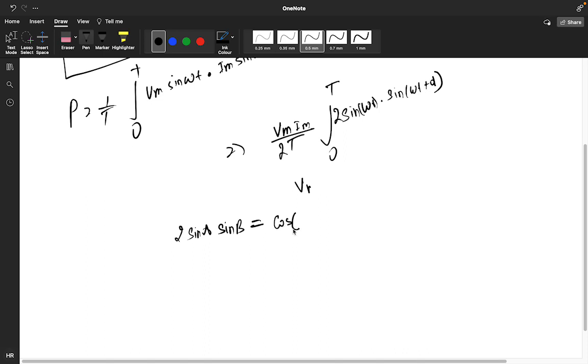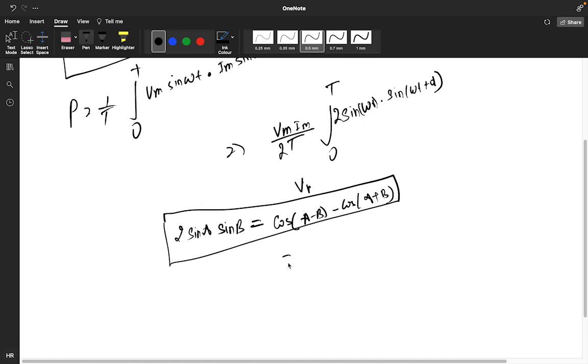Cos A minus B minus cos A plus B. If you substitute this, you get cos of omega t minus phi minus omega t, minus cos of 2 omega t plus phi.